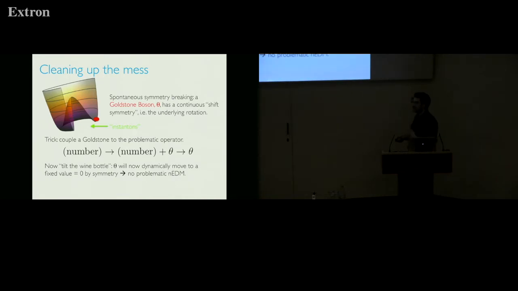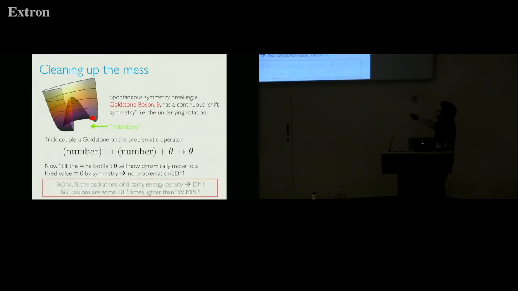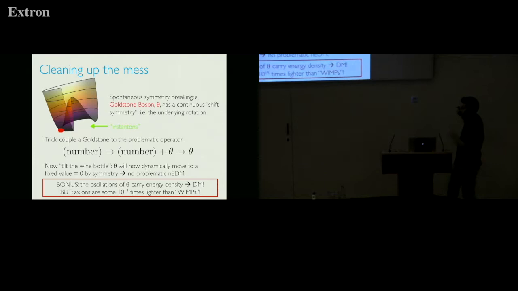It restores charge parity invariance. And so now the field evolves dynamically. You absorbed this problematic number. You tilted your wine bottle, and now the field evolves, and it goes down to the bottom, and it oscillates about this preferred bottom. A bonus of this is that the oscillations in this field theta carry energy density. Okay?